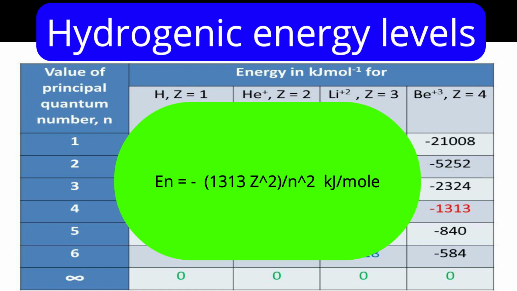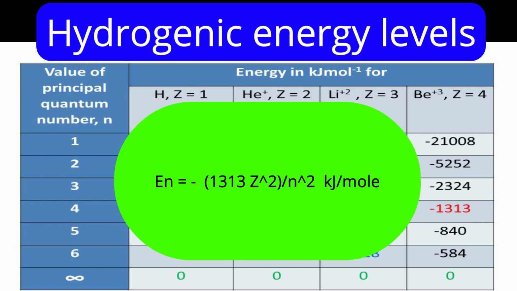So in this formula, minus 1313 Z square upon n square, let us substitute the values for n, substitute the values for Z and do the calculation. For hydrogen, atomic number is 1, means the value of Z is 1.